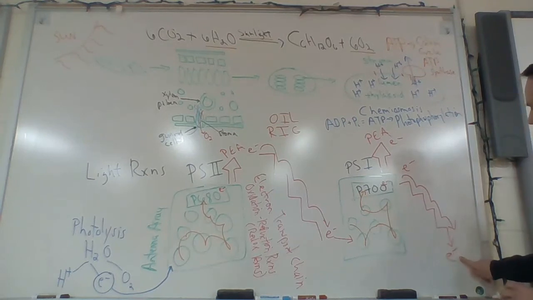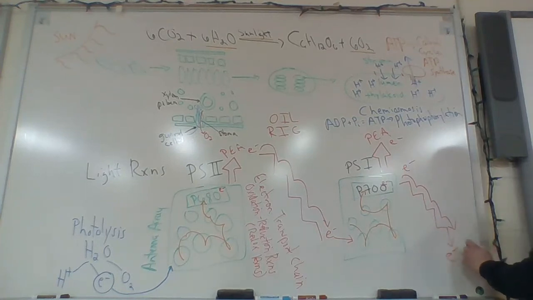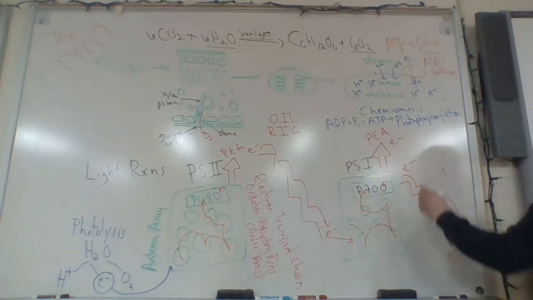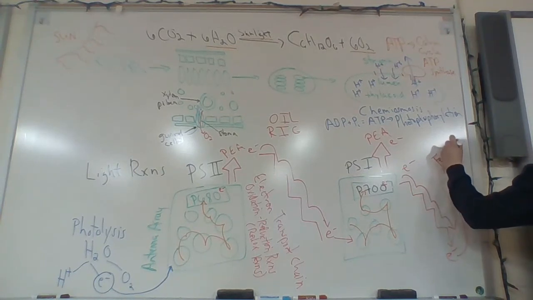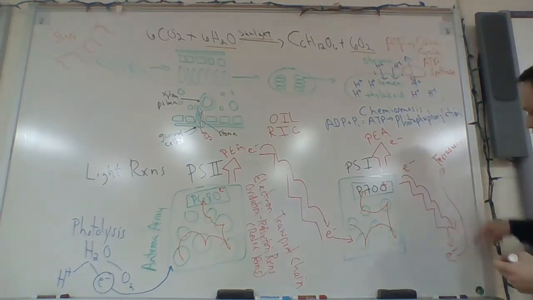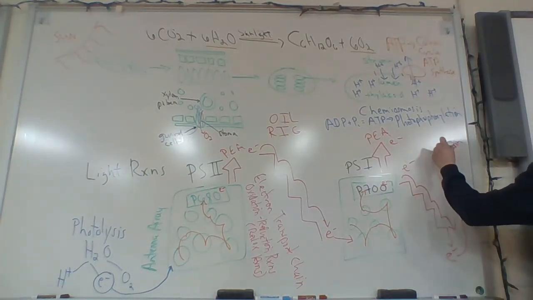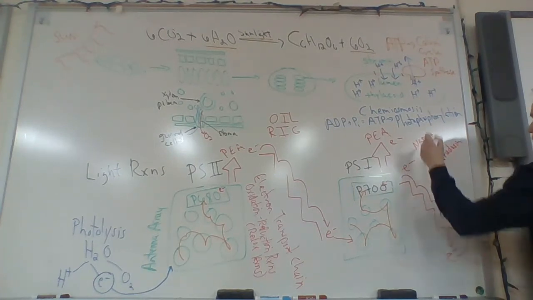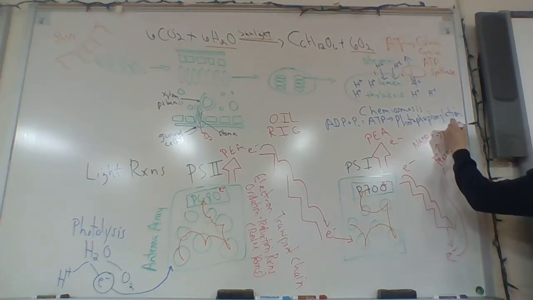This electron that went on the electron transport chain from photosystem 1 is going to be taken away by another electron transport molecule called ferredoxin. Ferredoxin is going to take this electron and attach it to something called NADP+, thus making it NADPH.